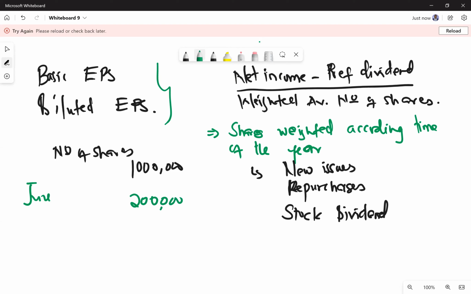The number of shares outstanding will be 1 million, which would have been outstanding for the entire year, 12/12, and then 200,000, which would have been outstanding as well, 6/12. So the weighted average number of shares that you use as your denominator will be 1,100,000 shares.